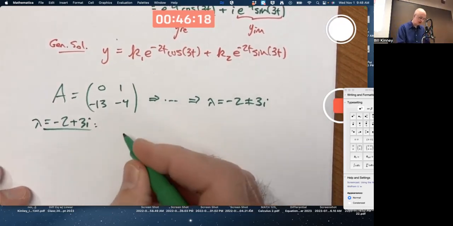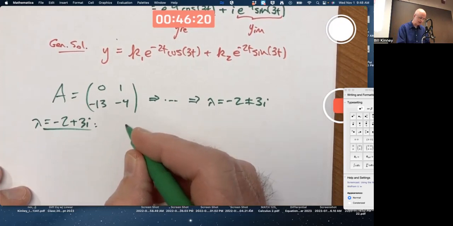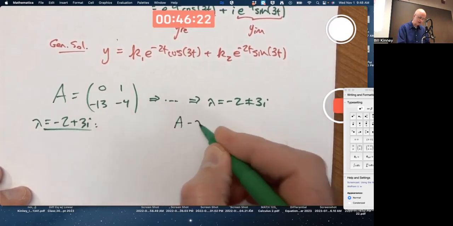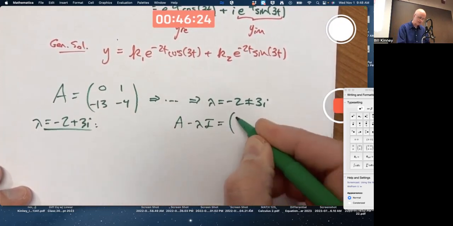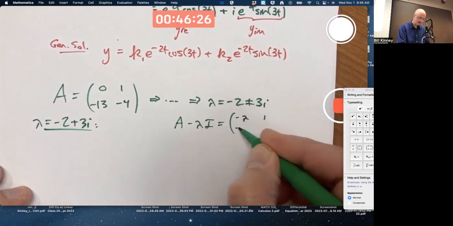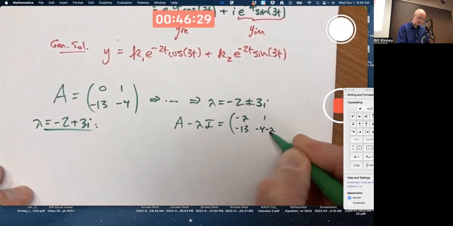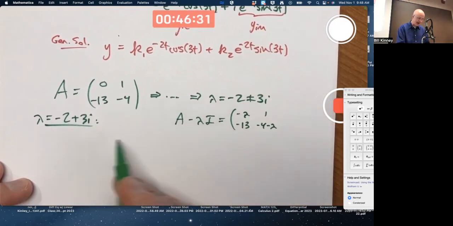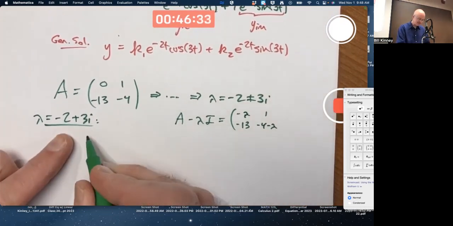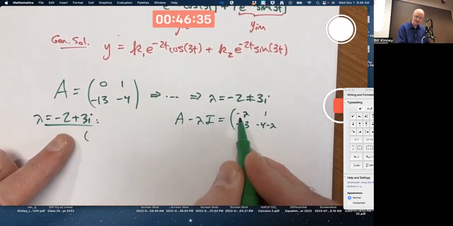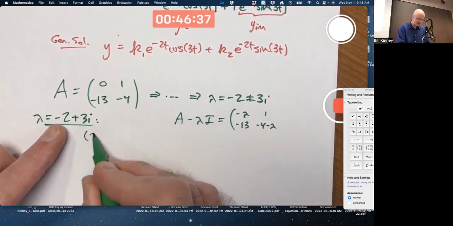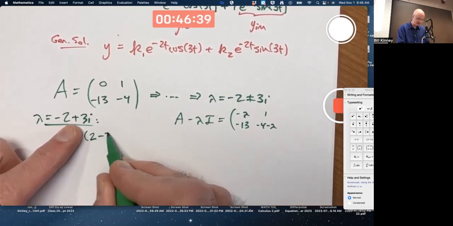What's A minus lambda I? A minus lambda I is this. Replace that lambda with negative 2 minus 3i, and I got a negative sign there, so the negative 2 becomes a positive 2, and then minus 3i becomes a plus 3i.